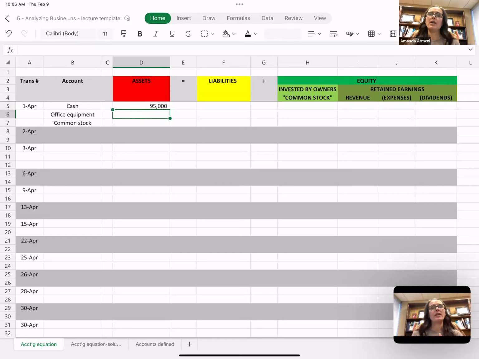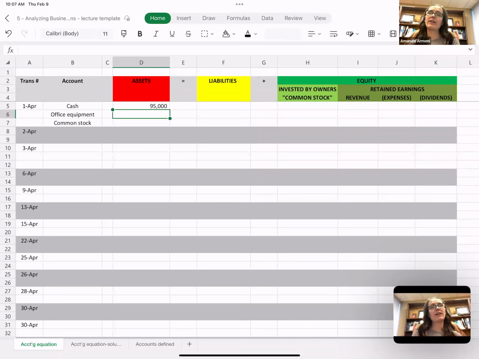Office equipment. Is it an asset, a liability, or one of the components of equity, right? Well, if you remember, assets are anything that we own and can benefit from having. Liabilities are something that we owe, right? So we receive something and we have to pay for it later. And then with equity, we have common stock that's designated as ownership of our organization.